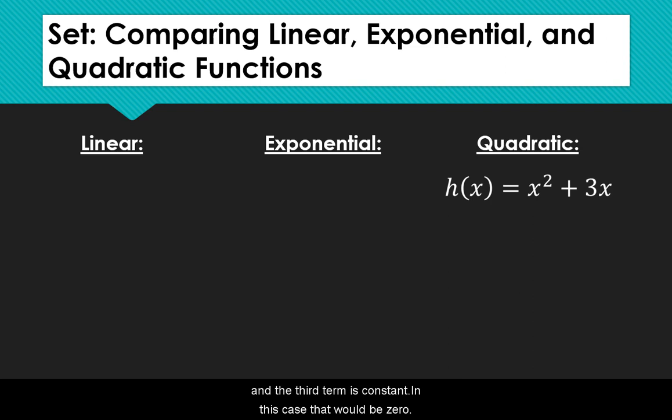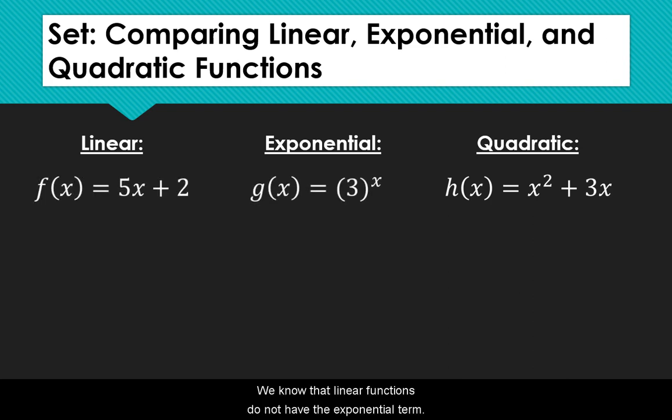In this case, that would be 0. We know that linear functions do not have the exponential term. They have the linear term and the constant, and the exponential function in the middle, g of x equals 3 to the x power, simply has the exponential term.